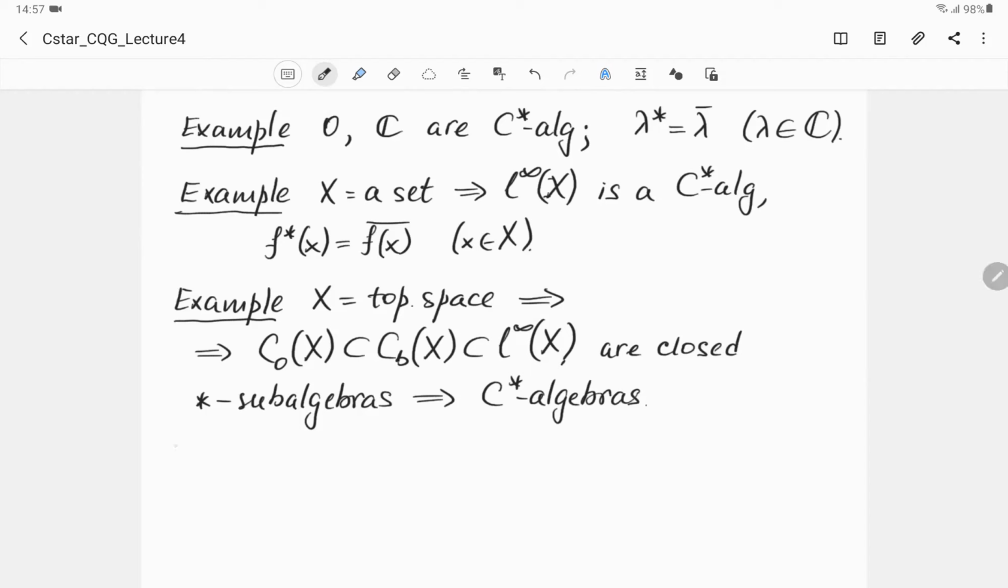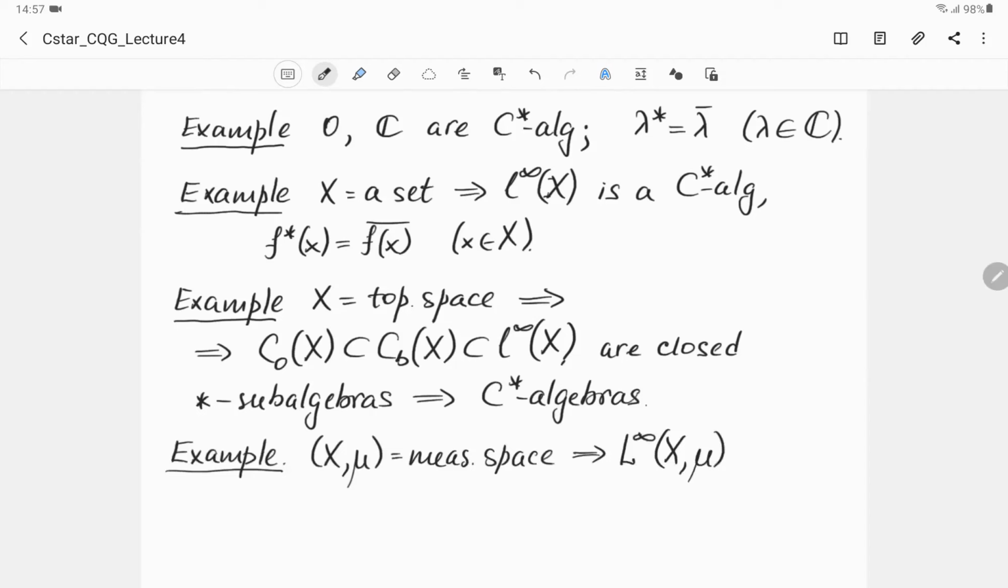Well, one more example of the same kind. You have a measure space, X, mu. Then L infinity of X, we know that it's a Banach algebra, but it is also a C-star algebra.